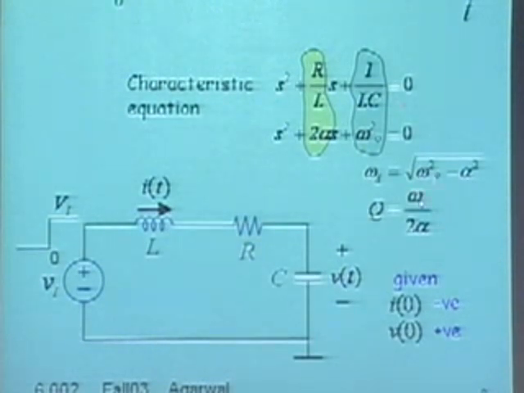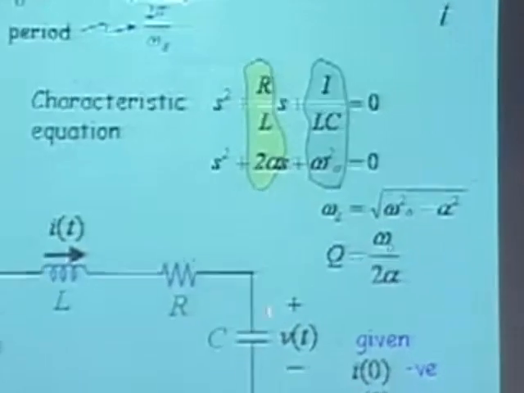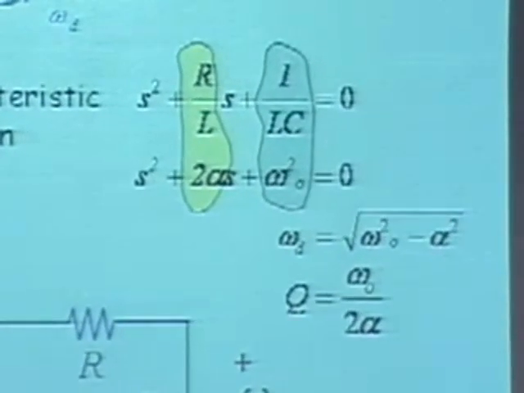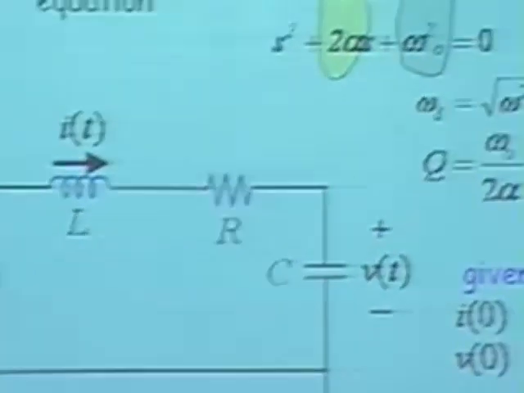So first of all, omega d is the frequency of oscillation. And since omega d is the frequency of oscillation, I know that the time period of oscillation is 2 pi by omega d. Omega is in radians. Notice that for typical values of circuits like this, when R is pretty small, alpha squared is going to be very small.